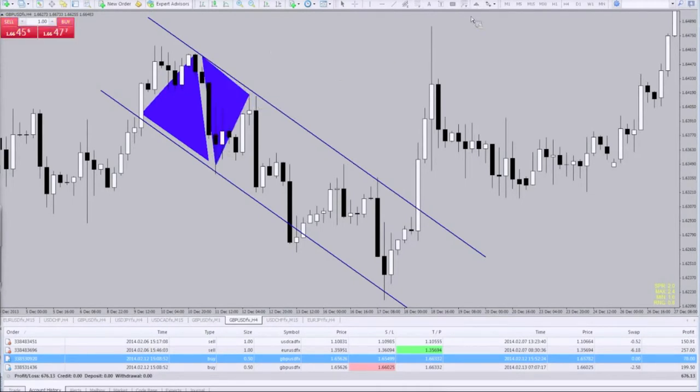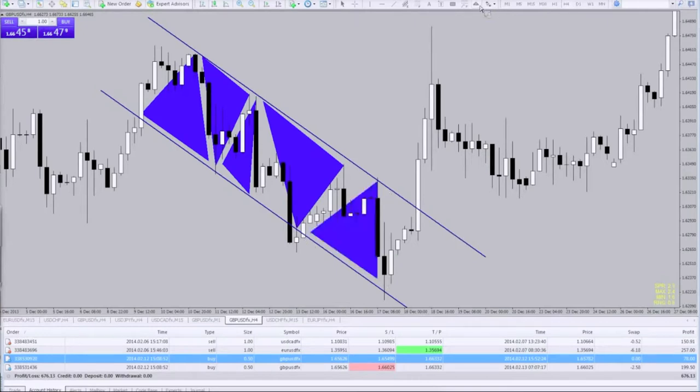Once you spot the first triangle, you can set yourself up to take advantage of all the others. But the key is in spotting the first triangle. Once you spot the first one, the rest of them are yours to trade.